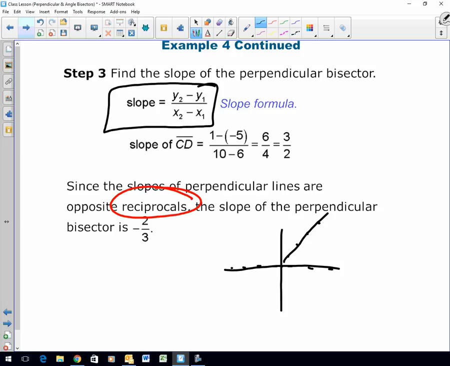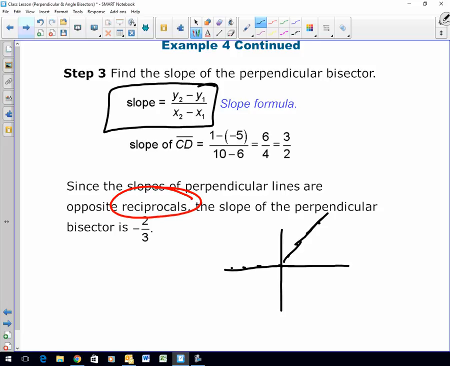Instead of going 2 over 1, I would go 1 over 2. If I want to find the reciprocal slope of 2 over 1, I would have 1/2.